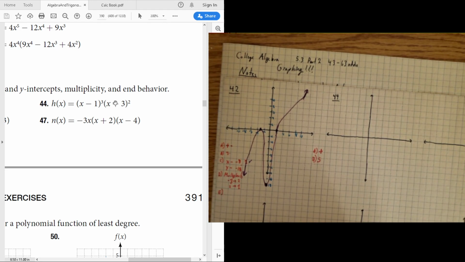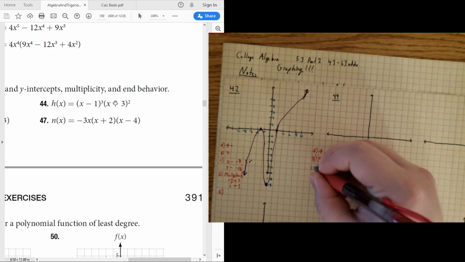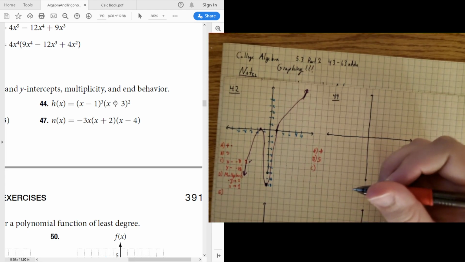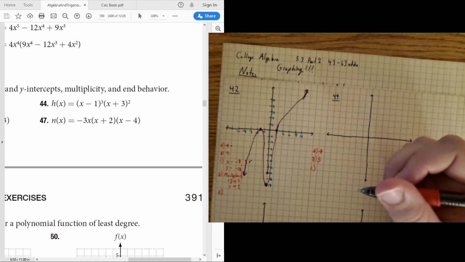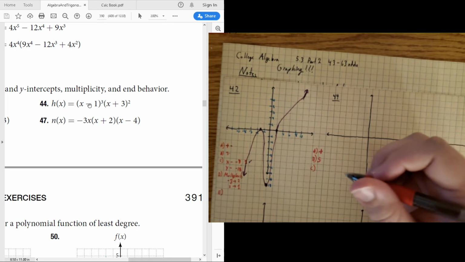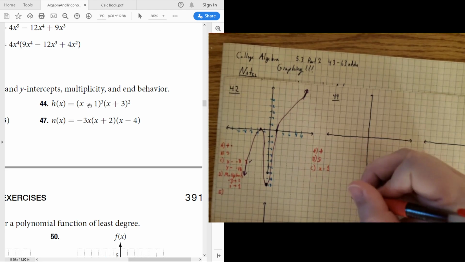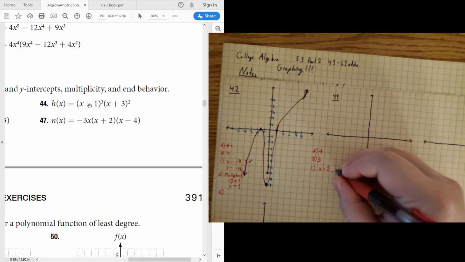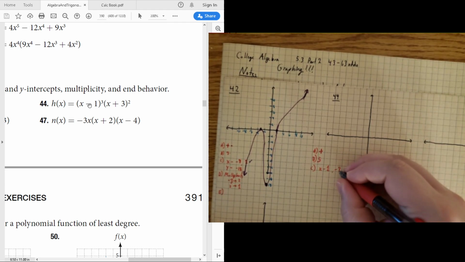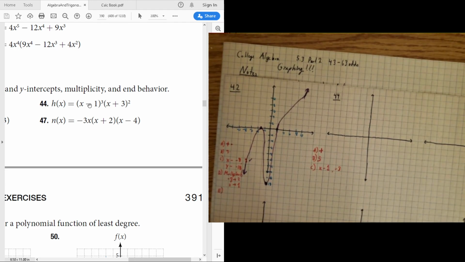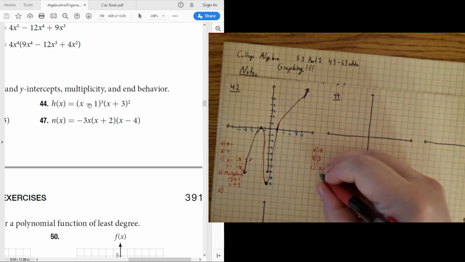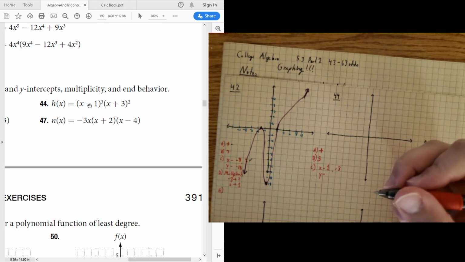Next. C. Intercepts. Well, part 1. If I plug in, I should get from this one, positive 1 for my x, and negative 3 for my x. For the y, I plug in 0.